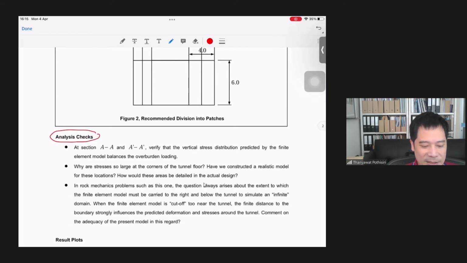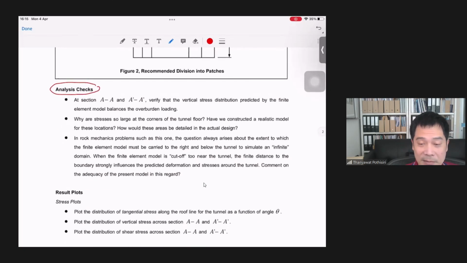Performing this check means you would probably need more than one mesh, to see what's going on. So you should think about how you check these analysis results, and how you could use different element sizes in your mesh.